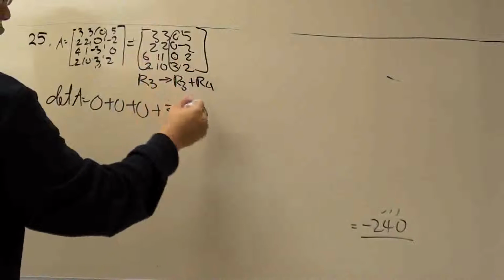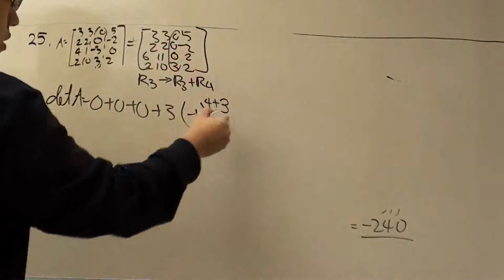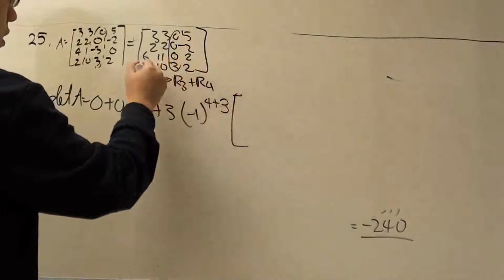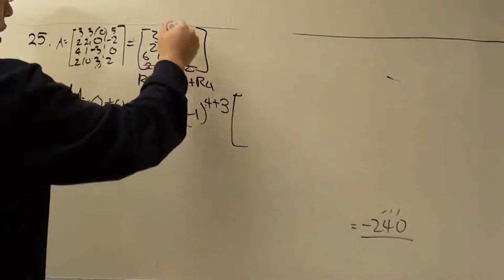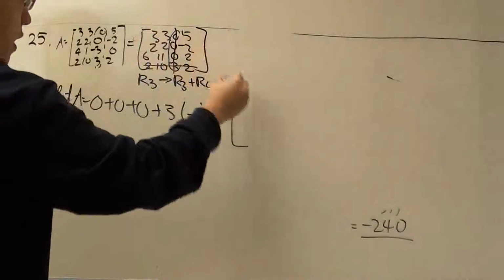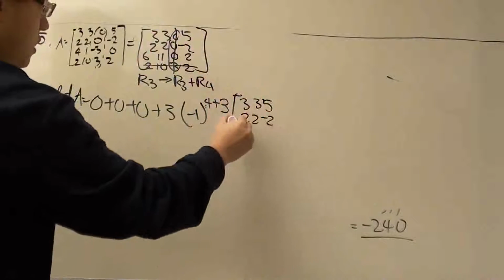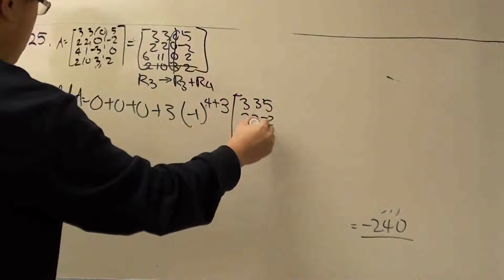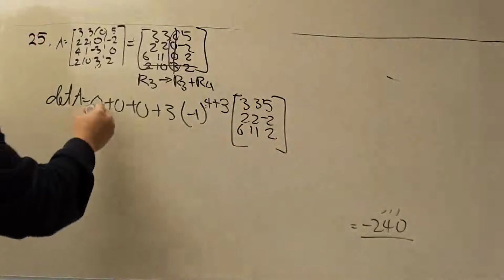You have 4th row and third column, okay? And then it's anything that does not touch here, right? So 4 and 3. So I'm touching 3, 3, 5, 2, 2, negative 2, 6, 11, 2. Okay, so I don't care about these.